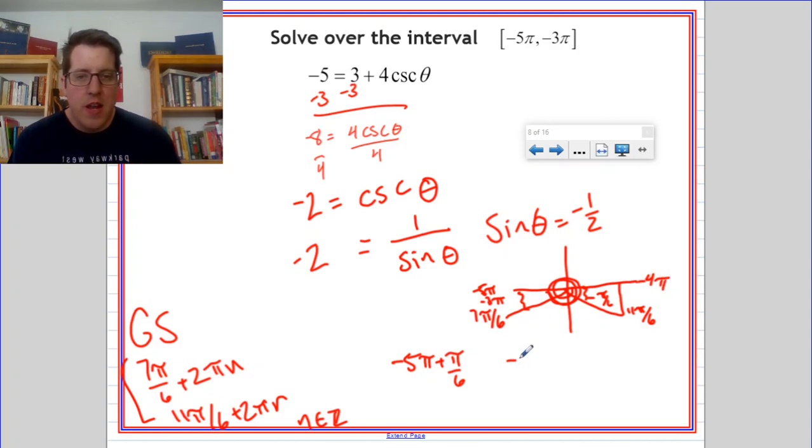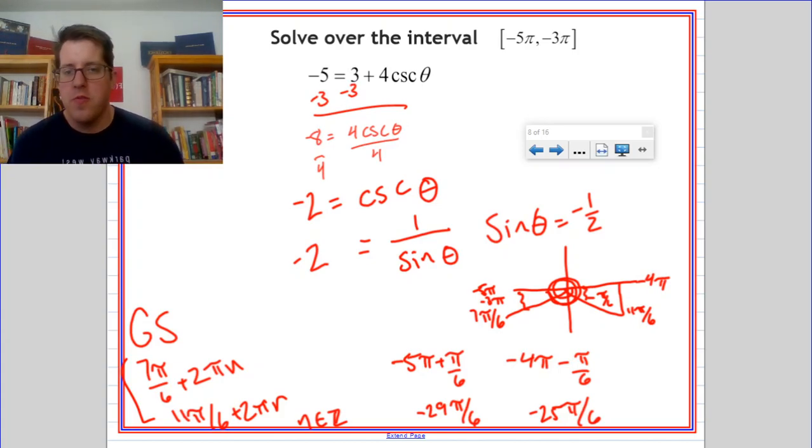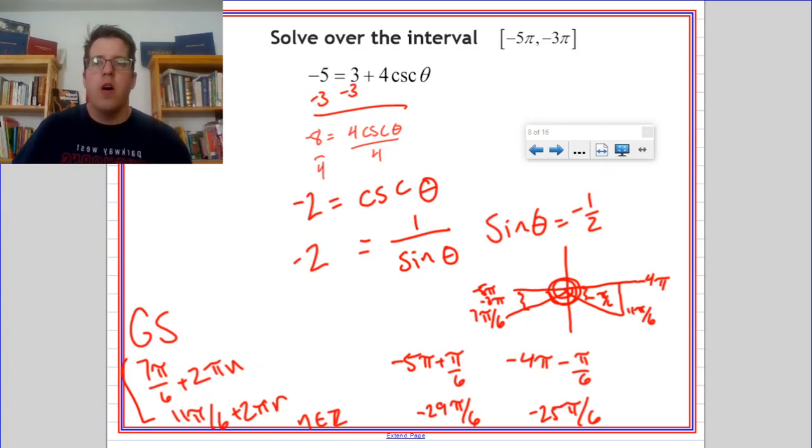So if I did negative 4 pi minus pi over 6, that would be another solution. But of course, I would want to give those as proper or improper fractions with the like terms combined. So if I were to convert, those would be negative 29 pi over 6 and negative 25 pi over 6.